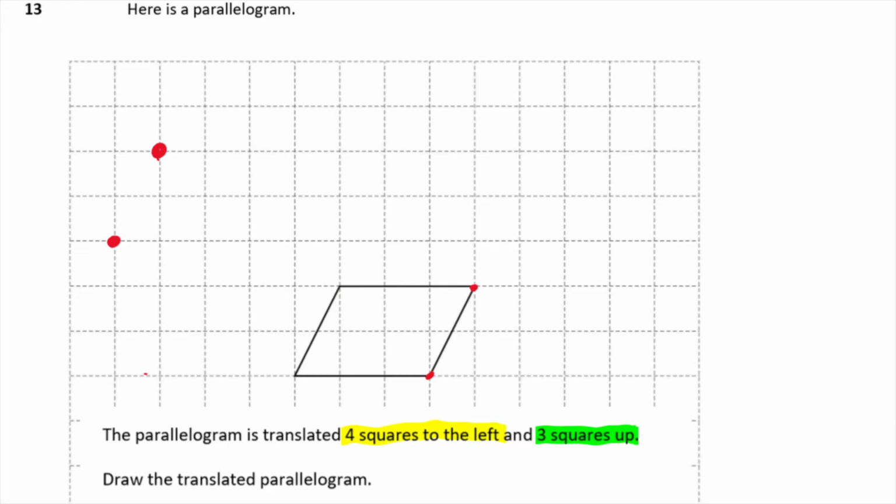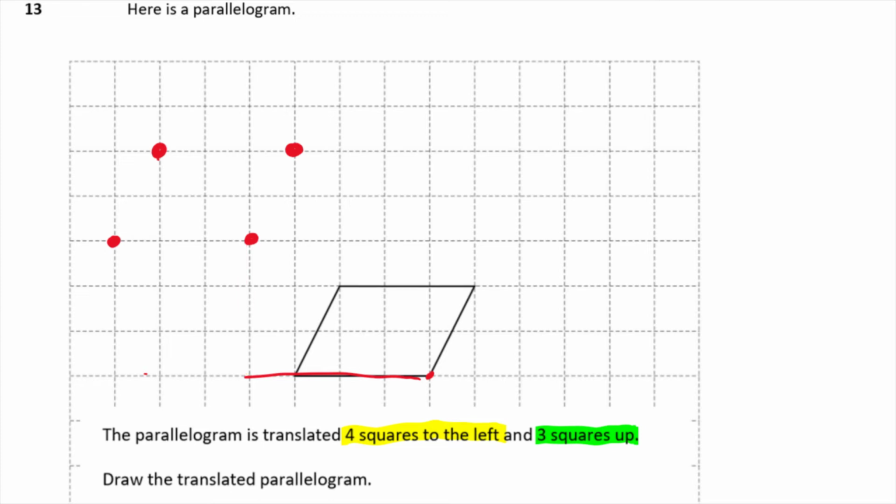Then if I take the top right corner, I go 4 to the left and 3 up. It's going to take me to there. And then finally, if I take this bottom corner and go 4 to the left and 3 up, it's going to take me there.